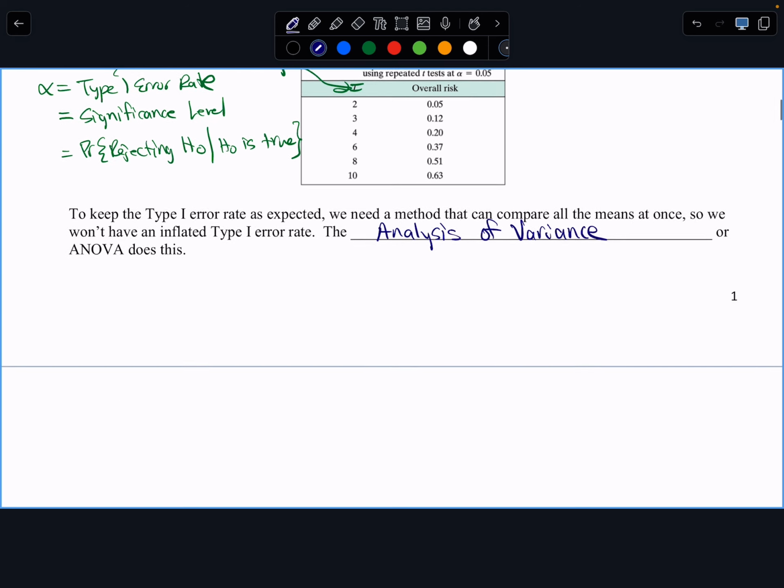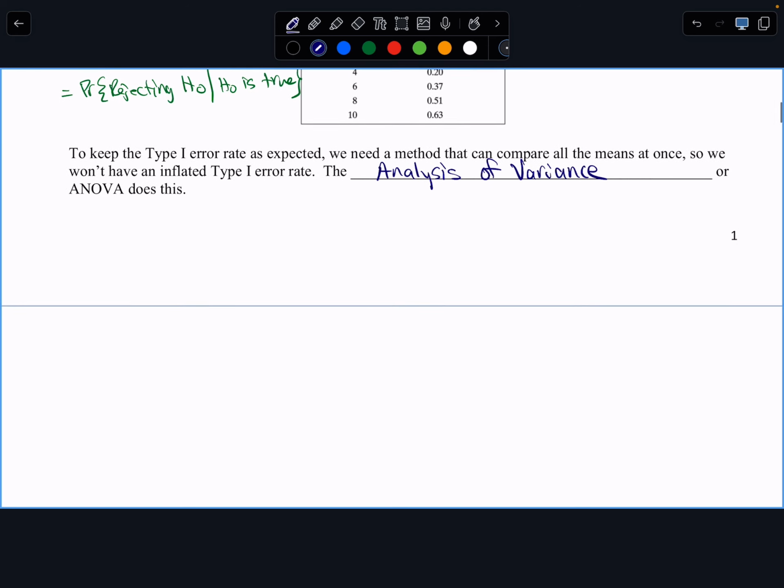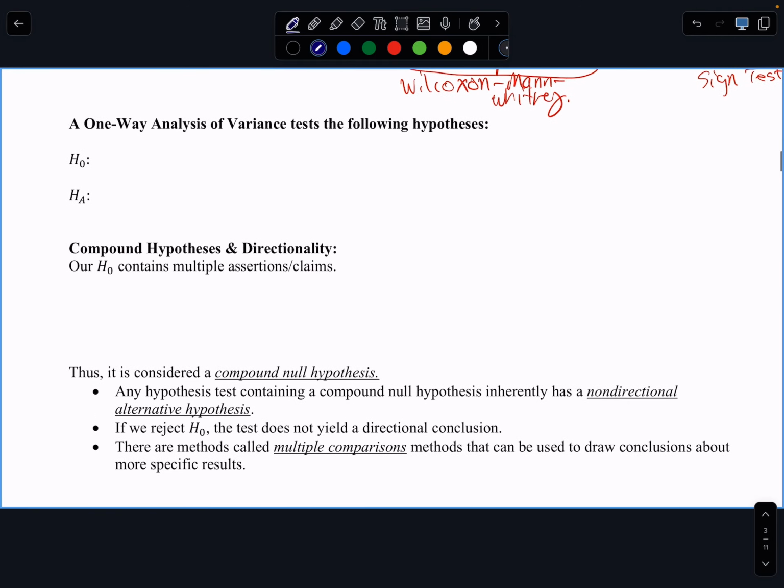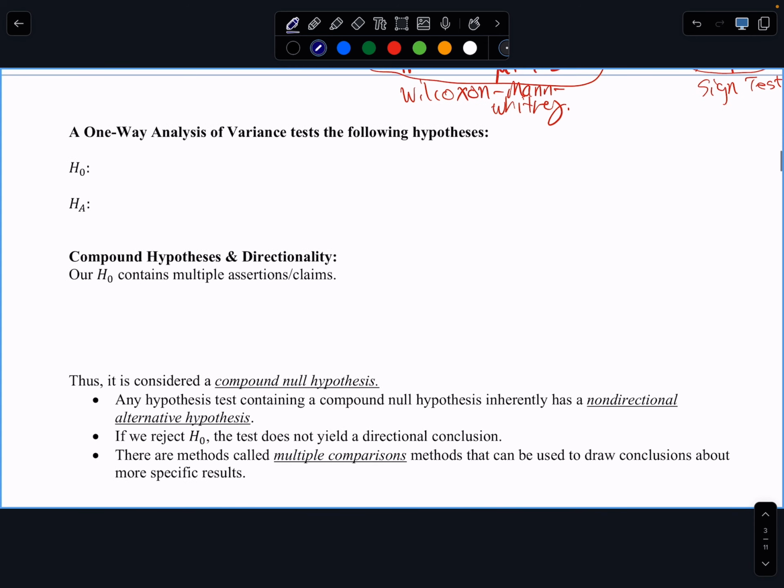So, let's talk about the analysis of variance. There's actually multiple ANOVAs that we can conduct. We're just going to look at the simplest one. It is called the one-way ANOVA.